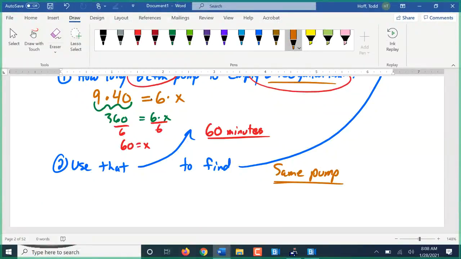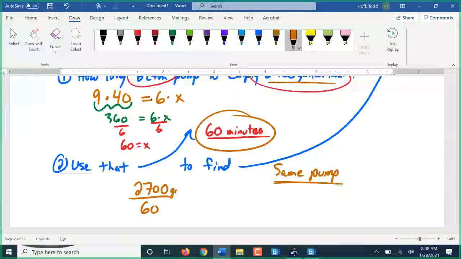This is a direct relationship. The larger tank takes longer, takes more time to fill. So we have a 2,700 gallon tank that takes 60 minutes to fill. We want to know how long it would take to fill a 4,050 gallon tank.